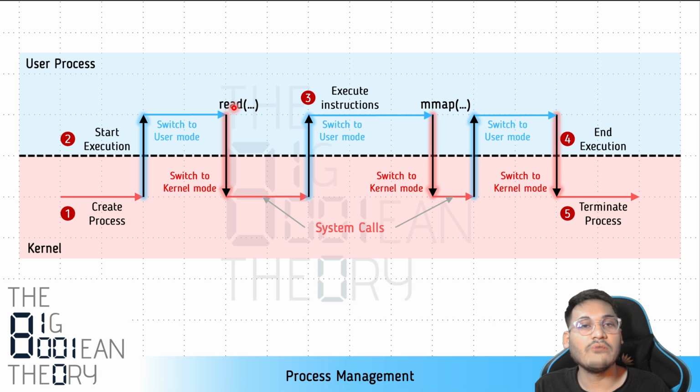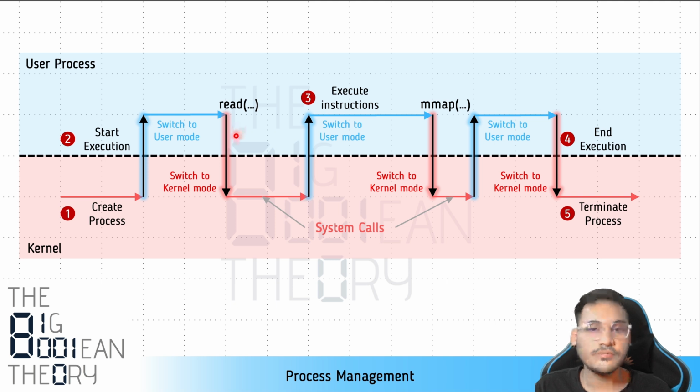Whenever the user process needs a specific operation to be performed by the operating system on its behalf, it makes a system call. These operations require the execution of privileged instructions or accessing privileged memory locations. That is why the user process cannot do these operations on its own. They have to be done by the operating system, because it's only the kernel which has the privilege to do them, right?